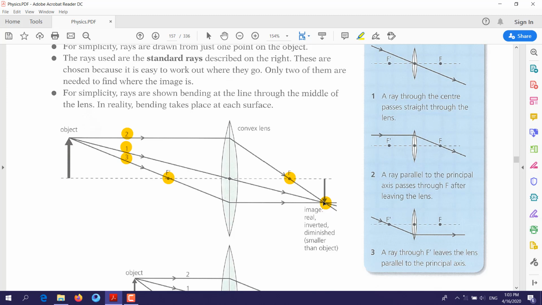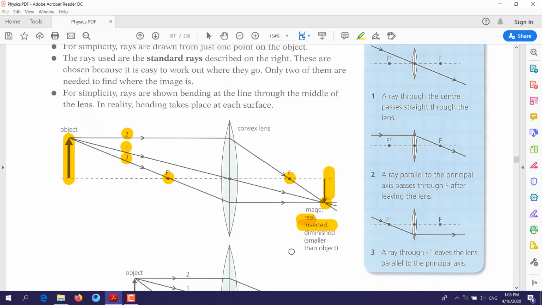So this point now, what is it? It's the position of the image. If you look at the object and the image, what is the difference between them? The arrow of the object is to the top, the arrow of the image is down. What does that mean? The image is real, but it's inverted.